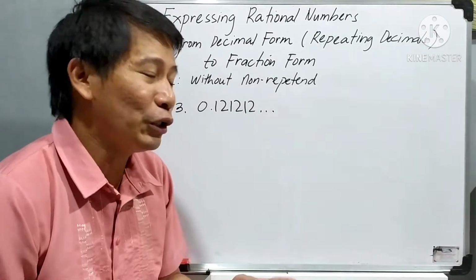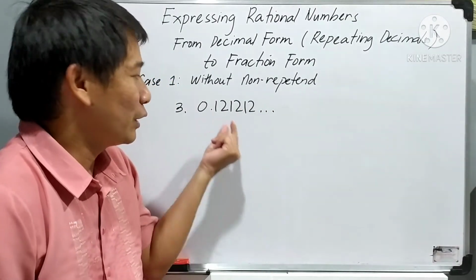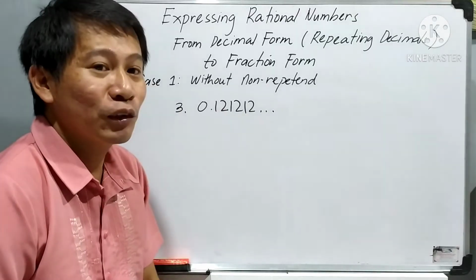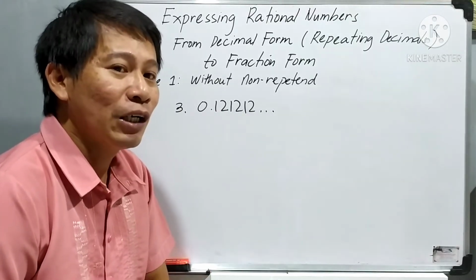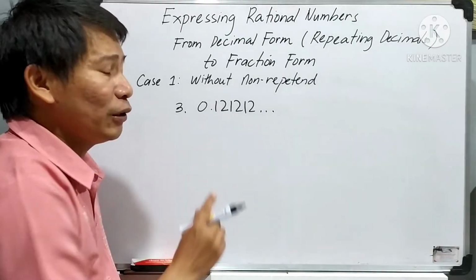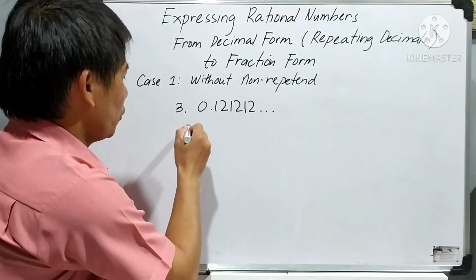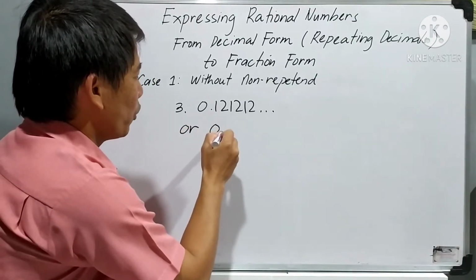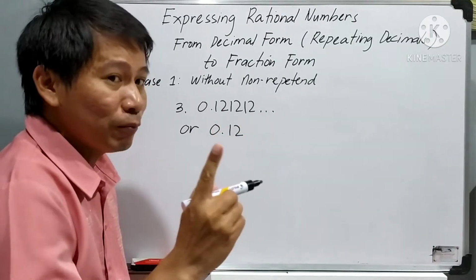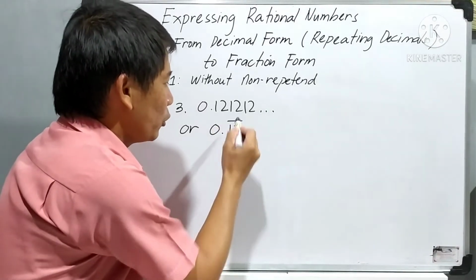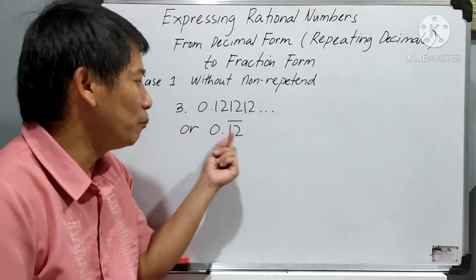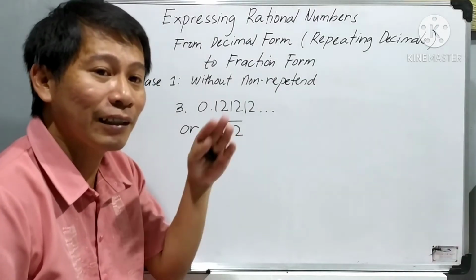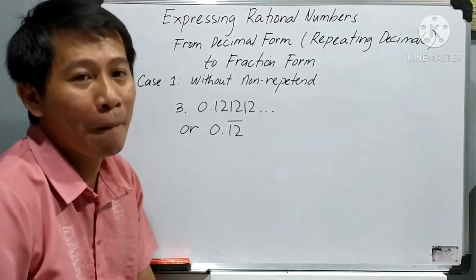So, kung mapapansin ninyo, ang ating repeating digits, 12, 12, 12. So, 2 ang ating repeating digits. So, ganun pa rin. Rewrite natin yan using vinculum. So, that can be written as 0.12. And, we have the vinculum. So, sa vinculum, 2 sila dapat. Kasi ang repeating digits natin, 1 and 2.